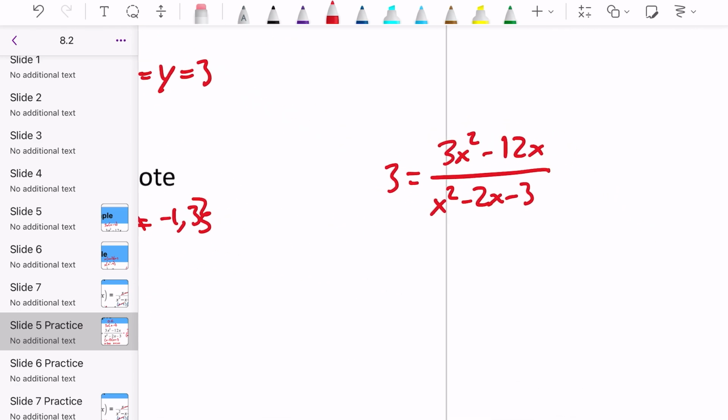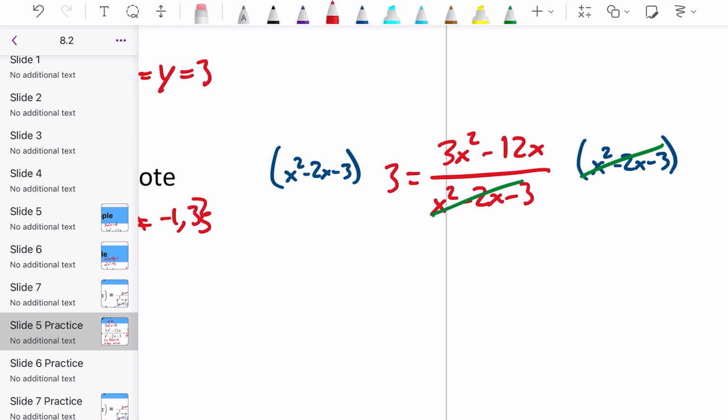And we're going to go ahead, multiply both sides by x squared minus 2x minus 3 in order to remove it from the denominator. Keep in mind, this and this would cancel out.